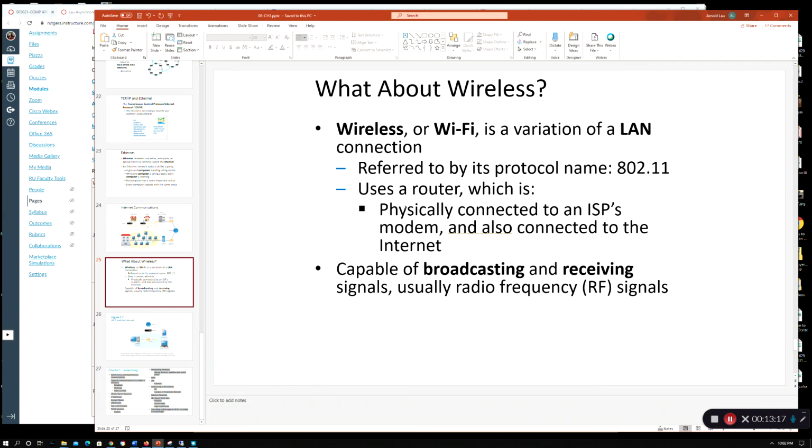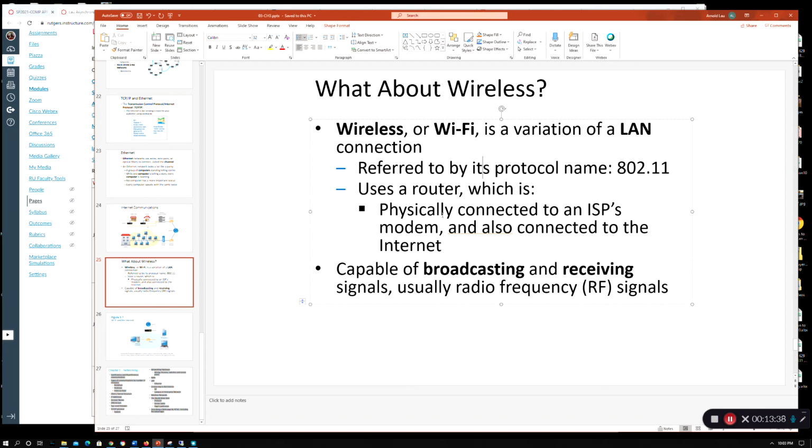So wireless, you probably use it at Starbucks, whatever coffee shop. Rutgers has wireless. So basically, Wi-Fi, this is the protocol on how it communicates, 802.11, and you connect via a router, right?